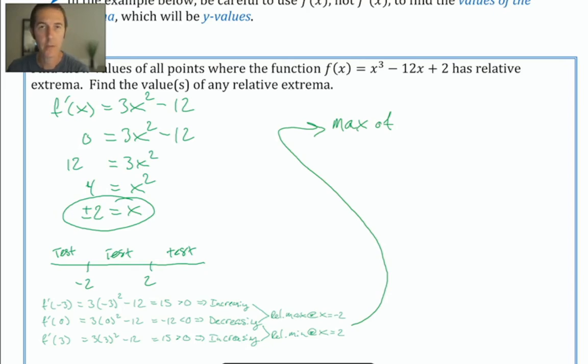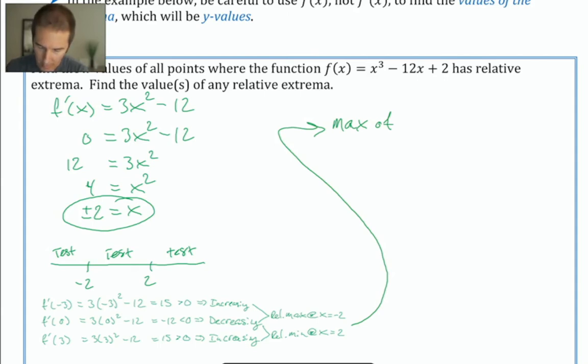Don't forget that the answer to that question is a y value. How do I find the y value? I take my x value of -2 and I plug it into my original function. I want a legitimate y value, not an m value, not a slope of a tangent line. Now I want the actual relative maximum y coordinate.